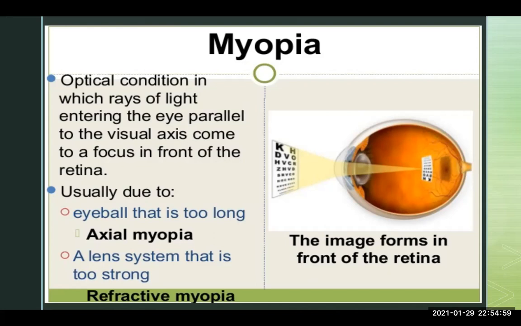Usually myopia is due to too large an eyeball, which is called axial myopia, where the axial length of the eye is more than normal. A lens system that is too strong is called curvature or refractive myopia: the refracting surfaces of the eye, either the cornea or the lens, are more powerful than normal, so the power is higher than normal.